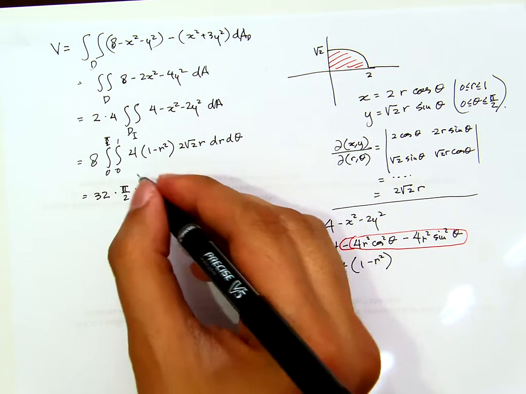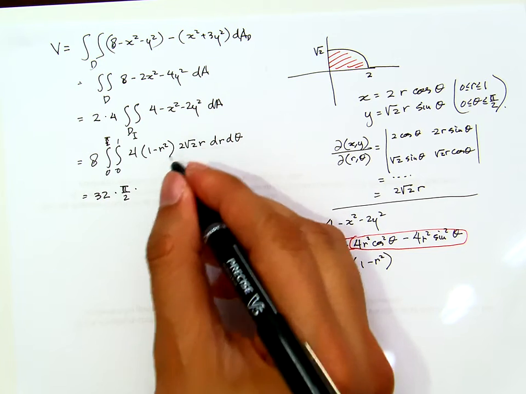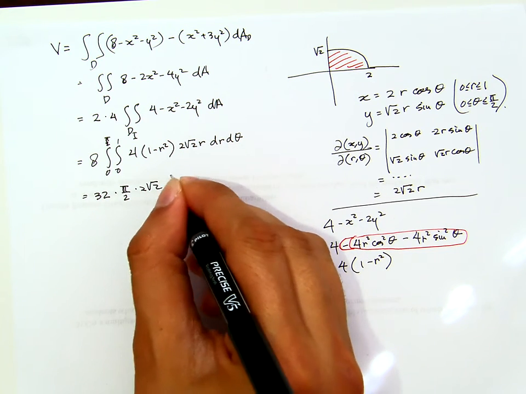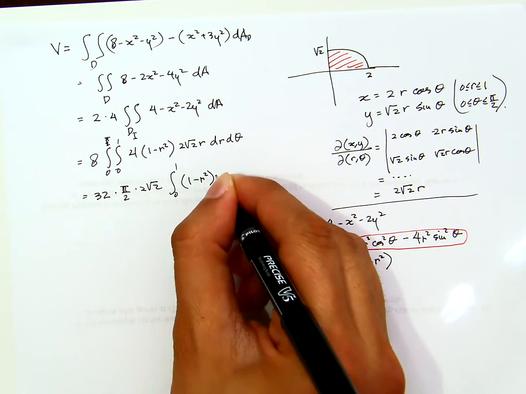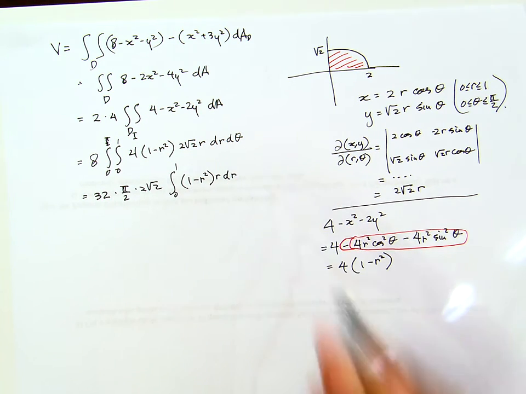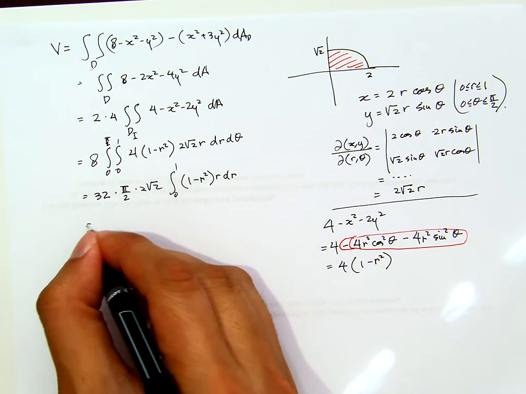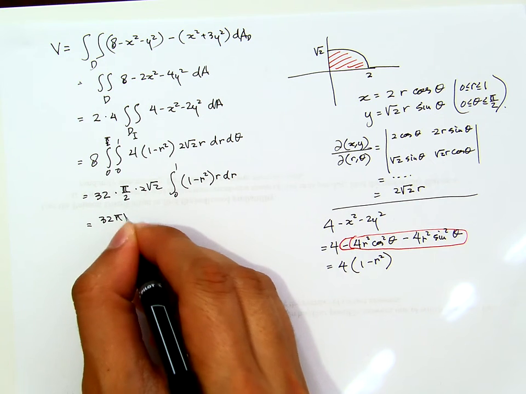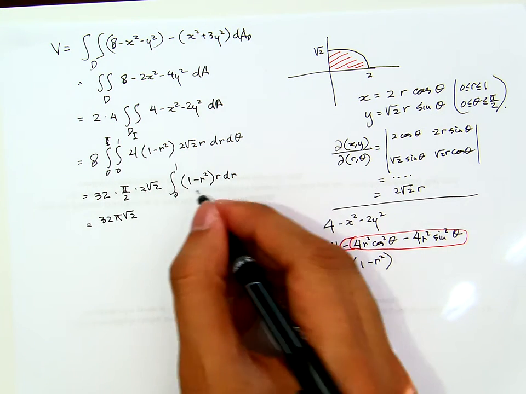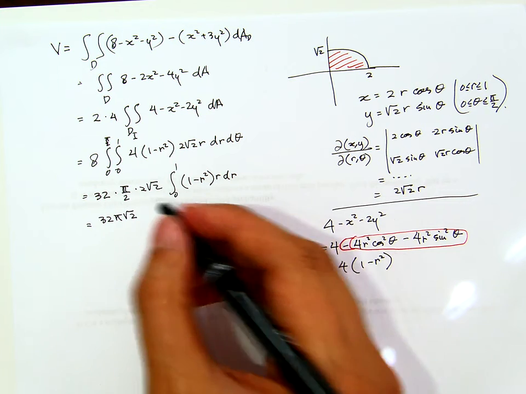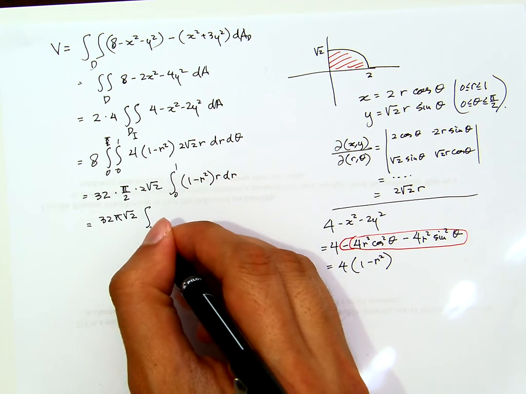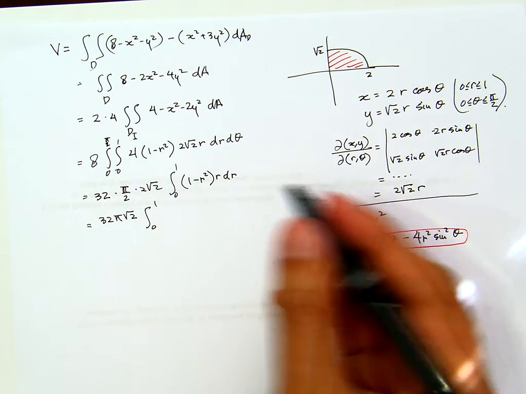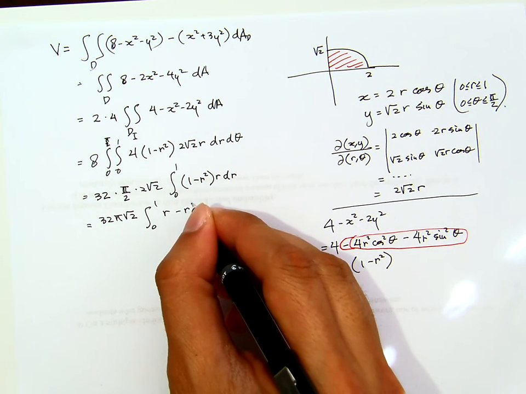I still have 2 radical 2 there, times the integral from 0 to 1 of 1 minus r squared times r dr. Now I have 32 pi radical 2, and for that integration, let's distribute the r there. You can do substitution, but you may be thinking too hard to do that.